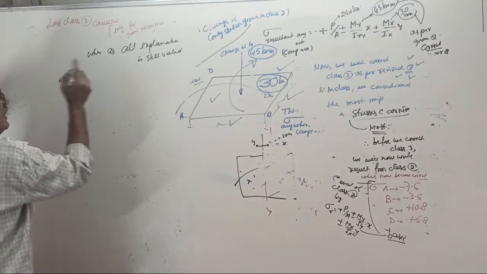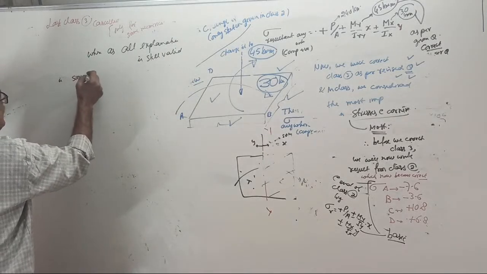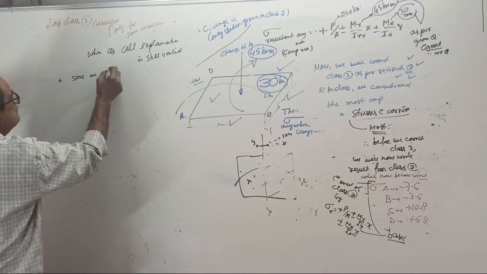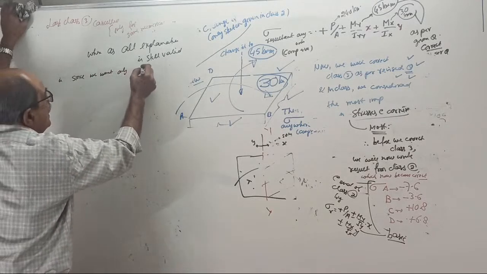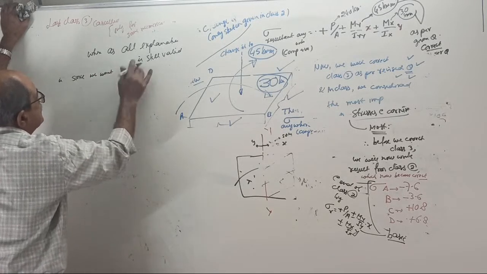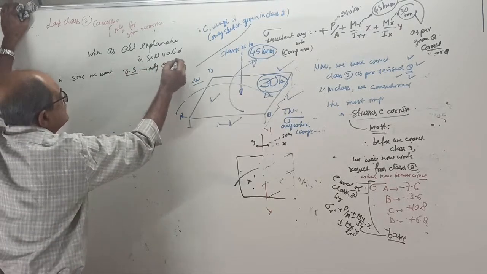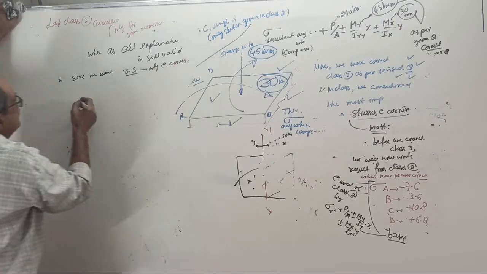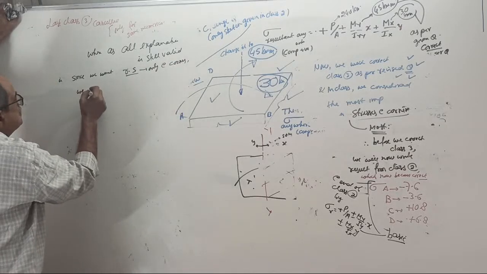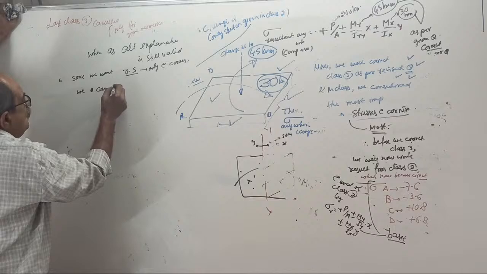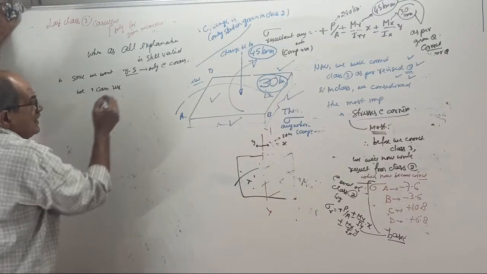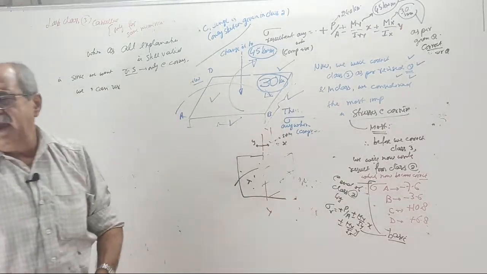That is, since we want only corner pressure, we want resultant stress only at the corners, what can we use? We need not use M by I into y.